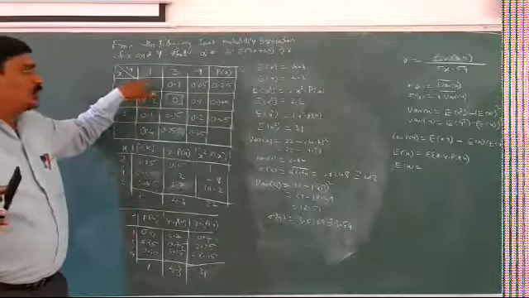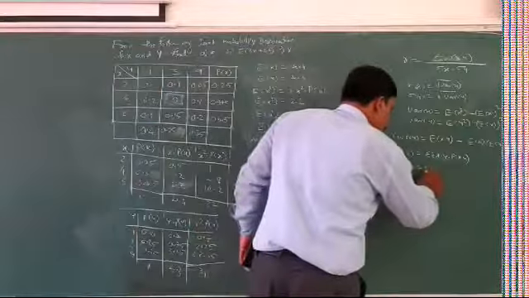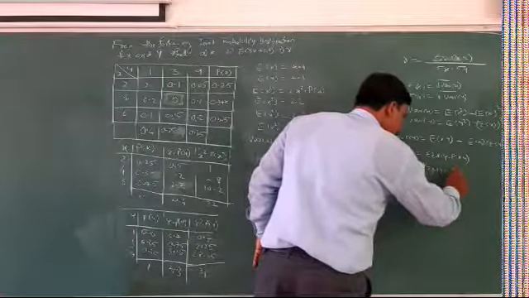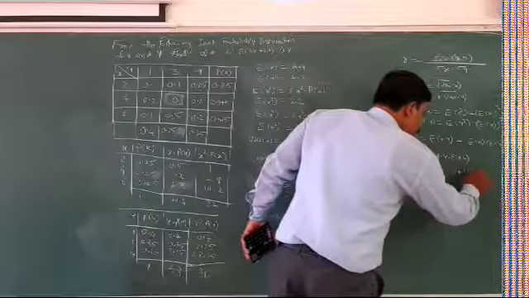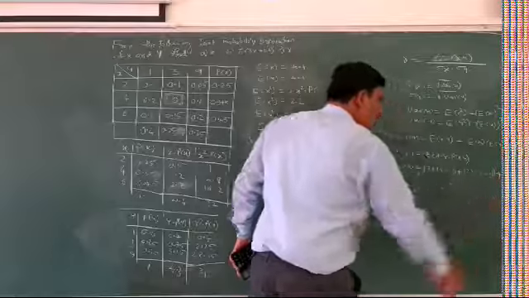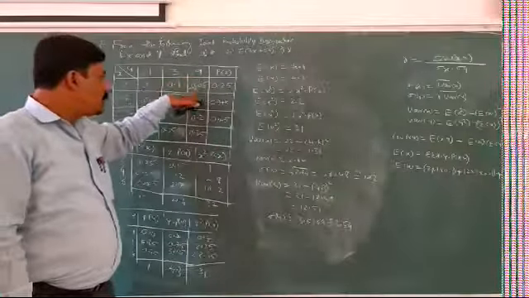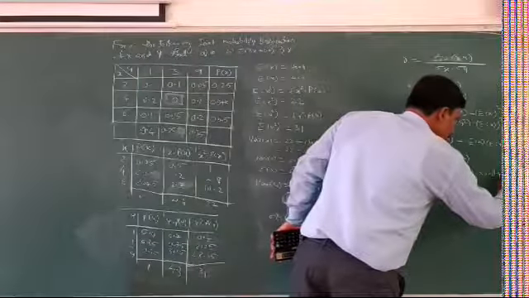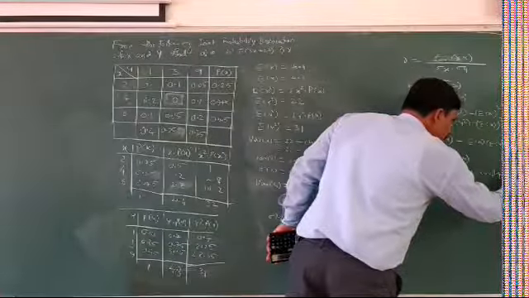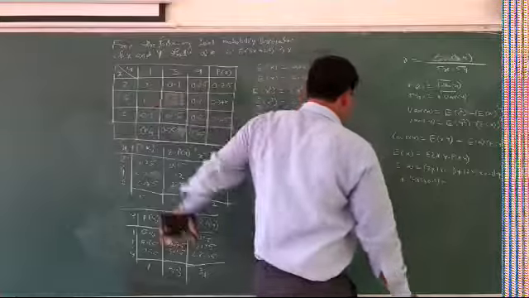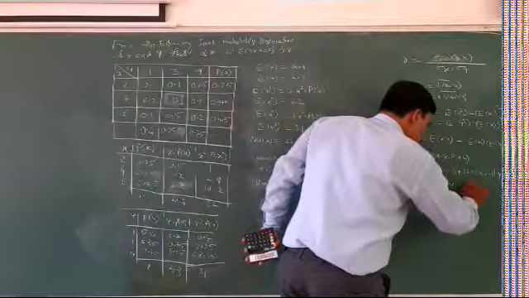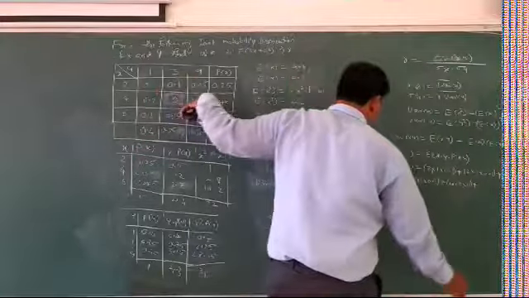So first x is 2: 2 into 1 into 0.1 plus 2 into 3 into 0.1 plus 2 into 9 into 0.05 plus next 4 into 1 into 0.2 plus 4 into 3 into 0 plus 4 into 9 into 0.1.